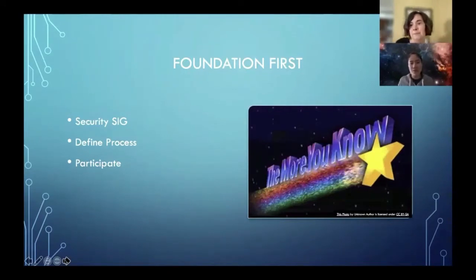But more specifically, if you have an open source project, you would probably want to create a security SIG, so that you can recruit the right people in security and other areas to help you define the process that you're going to need to follow for fixing different security things.